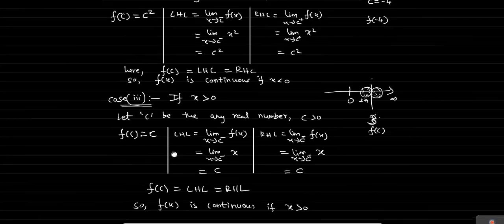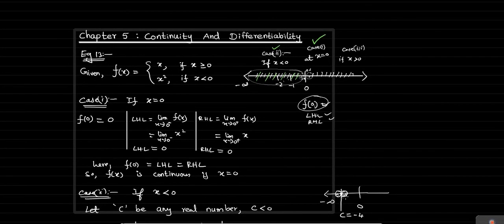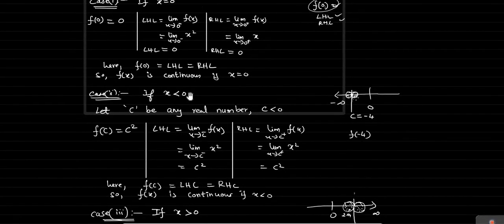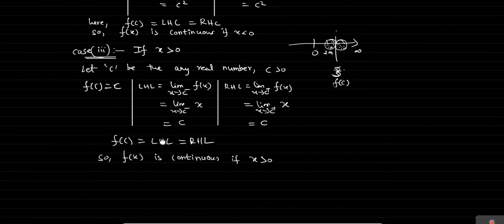Okay, so now all three conditions we have done. Now the final conclusion we need to write. Our real line we broke into 3. At x equal to 0, function is continuous. If x is less than 0, function is also continuous. If x is greater than 0, function is also continuous. So what can we conclude in the final? The function is continuous at every point. Function is continuous for all real numbers. Throughout its domain, function is continuous.